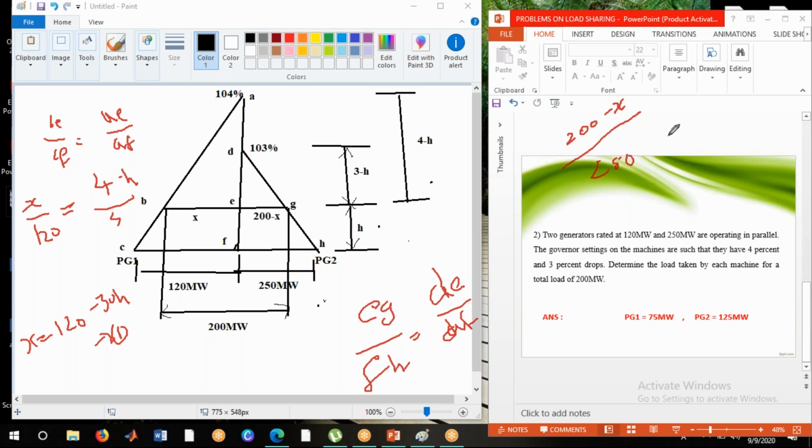DE is 3 minus H, and DF is 3 minus H plus H, so you will get 3.